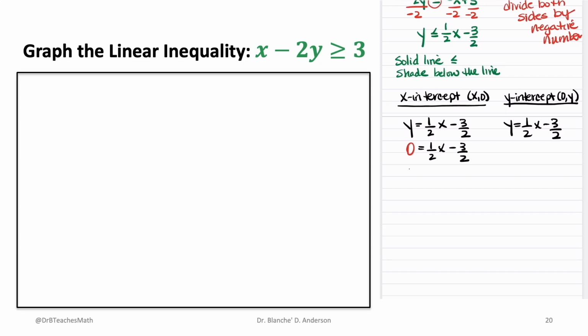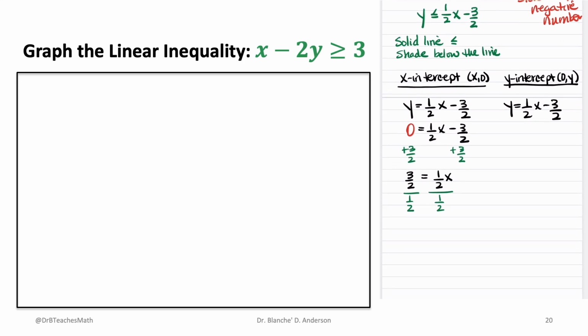So I'm going to add 3/2 on both sides. 3/2 is equal to 1/2 x. And then I'm going to divide by 1/2. I know this is going to look weird to some people.